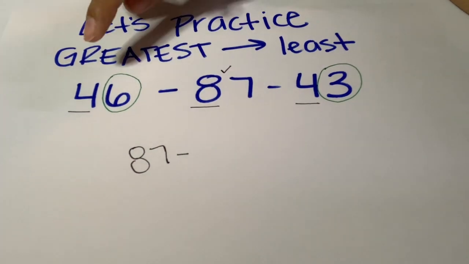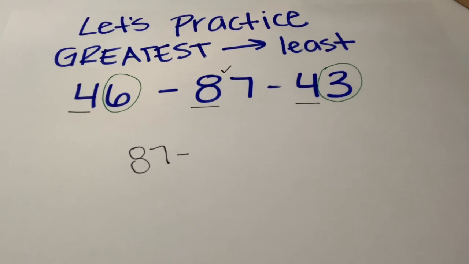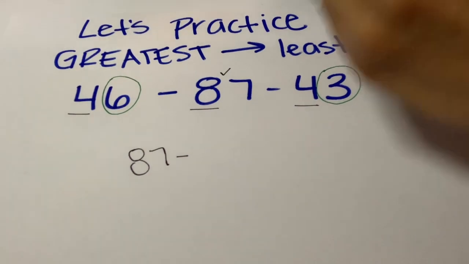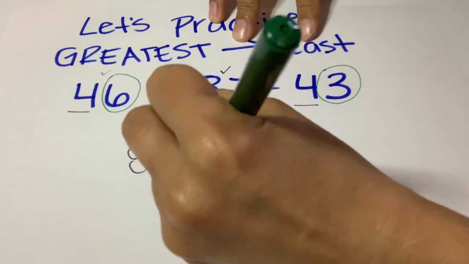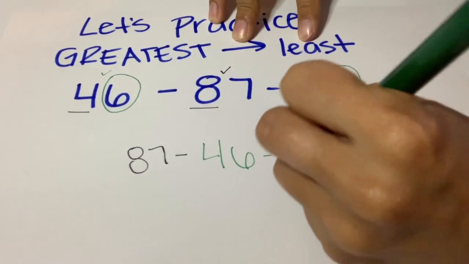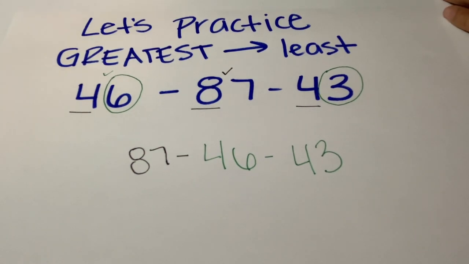Out of 46 and 43, which one is the biggest number? Looking at the ones place, which one has the biggest ones place? I hope you said 46, because it is 46. Leaving 43 as the smallest number, which is the last number that we are going to write.